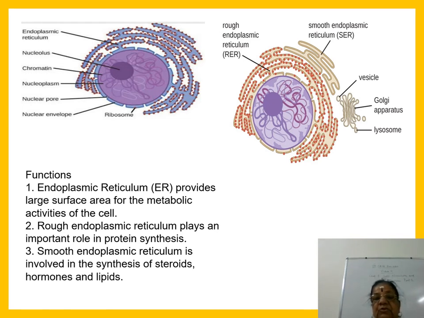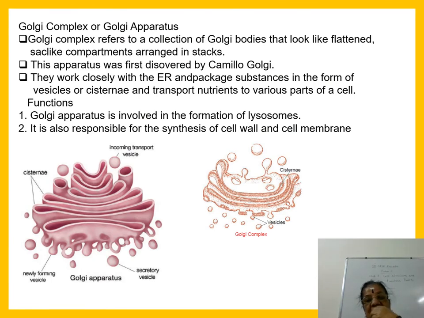Right? The next one. It is Golgi apparatus or Golgi complex, and in plant cell it is called a dictyosome. So Golgi complex refers to a collection of Golgi body that look like flattened sac-like compartments arranged in stacks.